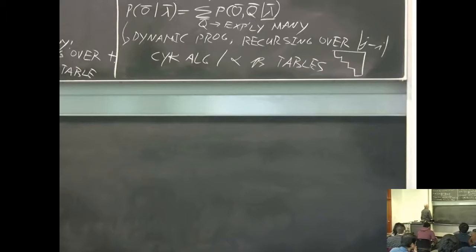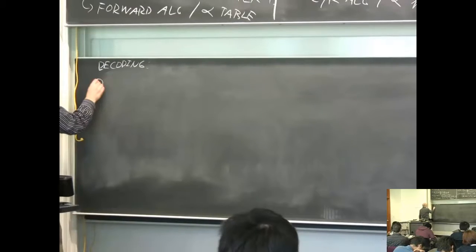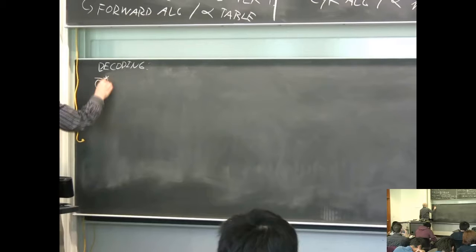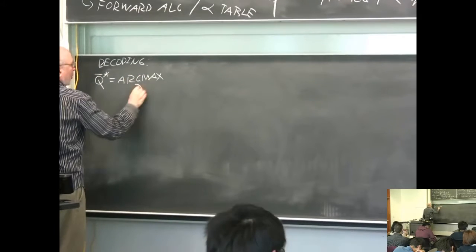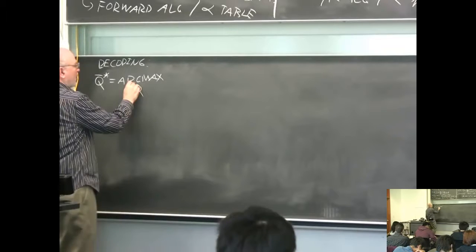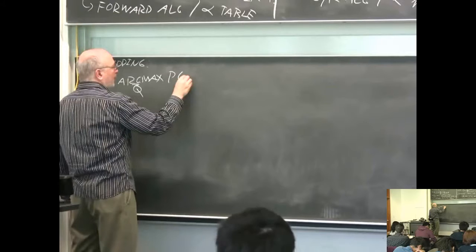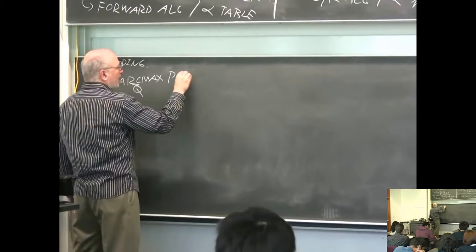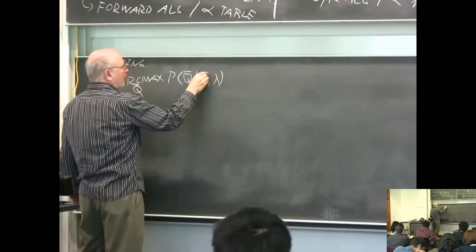Now we have the decoding problem. Find the hidden state sequence that maximizes over all possible hidden state sequences the posterior likelihood of that state sequence given that we observed something and given a tentative model.